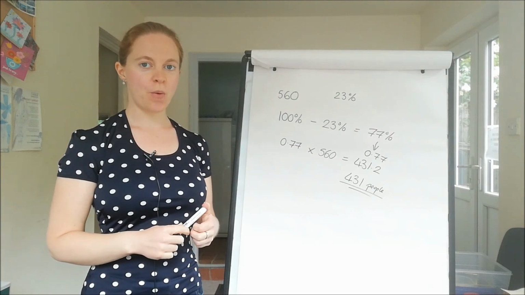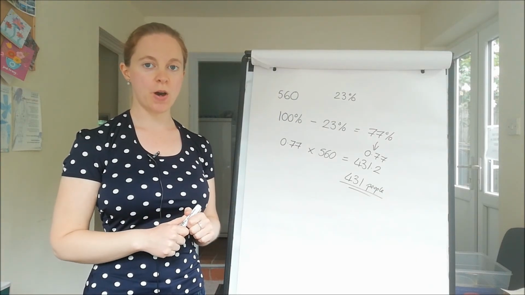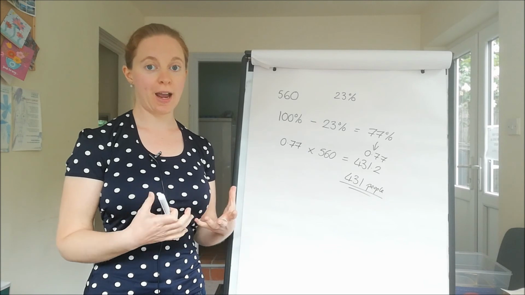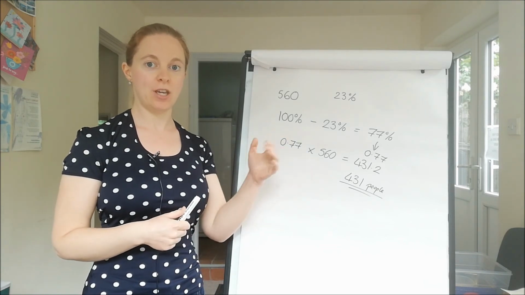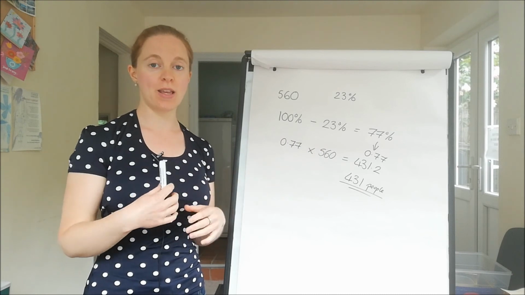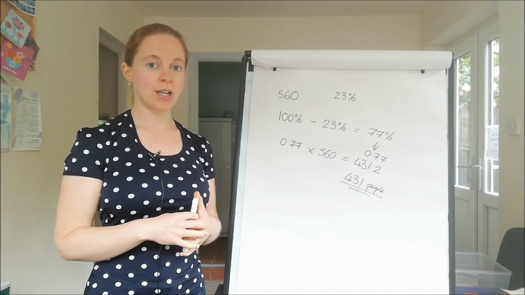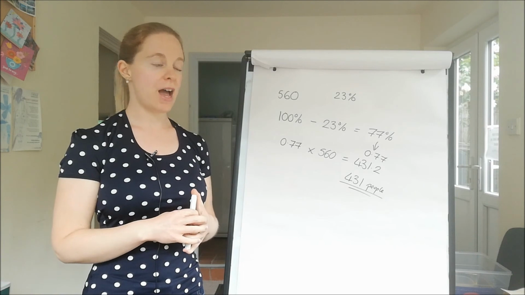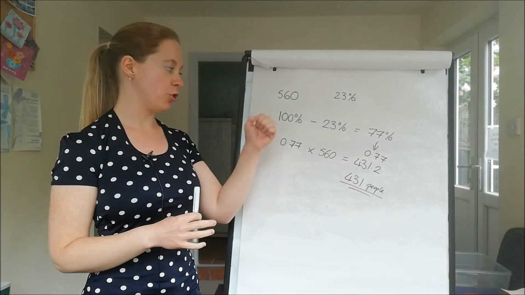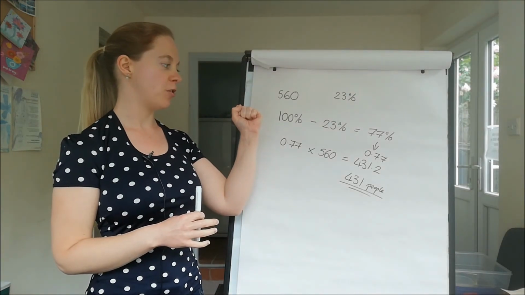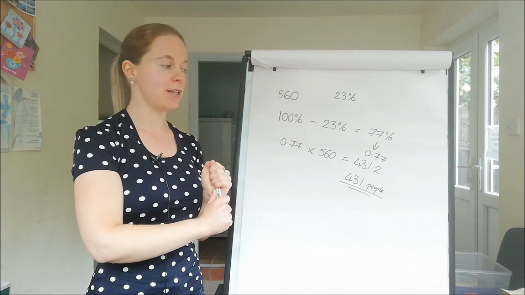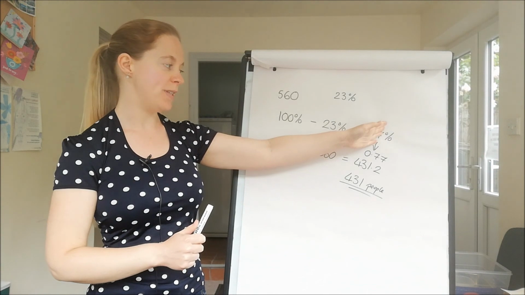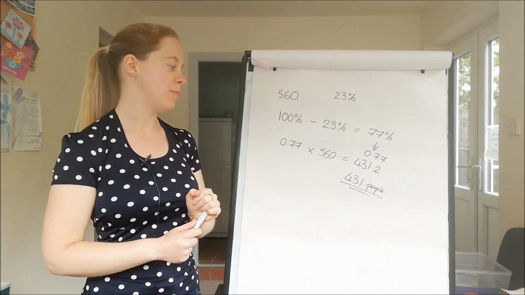Okay, so if you're on a non-calculator paper, it's very much the same as just finding a percentage of a quantity, except you follow it with an add if you're increasing or a takeaway if you're decreasing. If you're on a calculator paper, then you can say, well, I've got 100% of the starter amount plus another few percent if it's a percentage increase, which will give you a new percent that you can convert to a decimal.